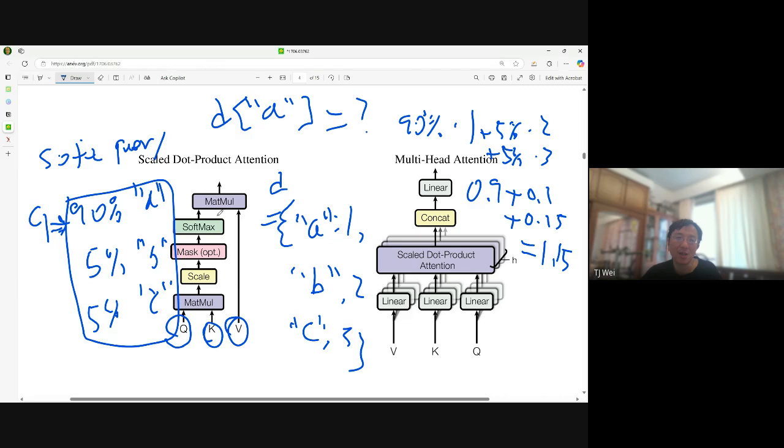Not restricted to scaled dot product, because we haven't talked about the mechanism behind. But this is something we wish to have, like a soft query. Of course, the value should be a vector. So you don't need to worry about whether or not it can do the weighted summation.